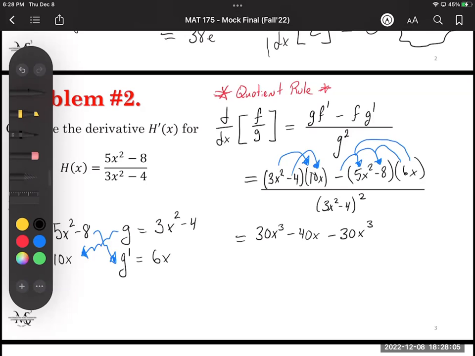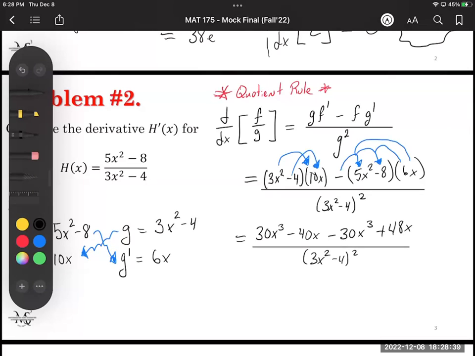This time, it's negative times negative 8. So negative times the negative 8 would be what? Positive 8. And then positive 8 times the 6x is? 48x. Yep, you got it. 48x. And you divide this now by your denominator, which is 3x squared minus 4 squared.